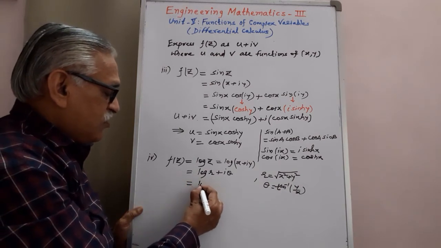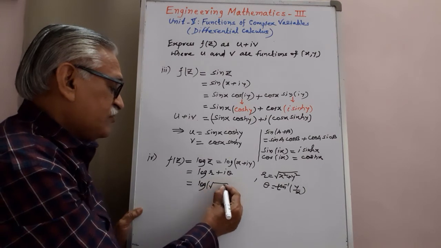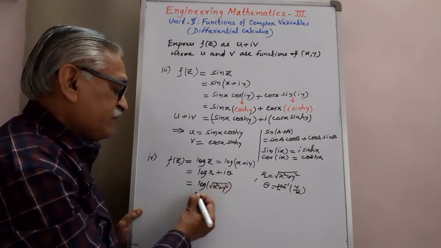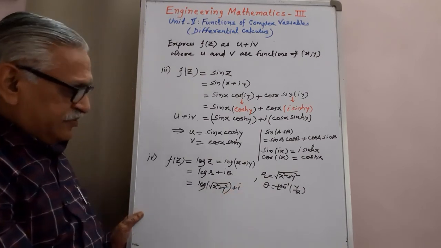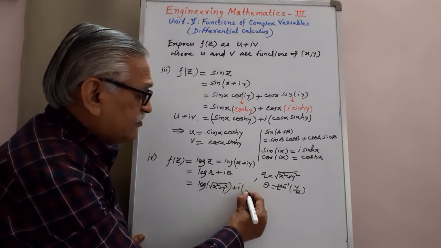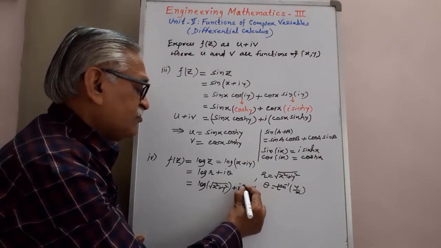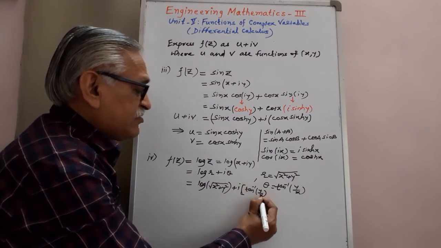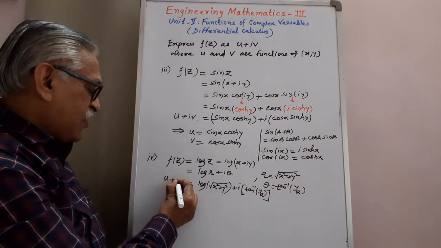Therefore, substituting those two values in this formula we have log of r, where r is root of x square plus y square, plus i theta, where theta is tan inverse of y by x, and f of z is nothing but u plus iv.